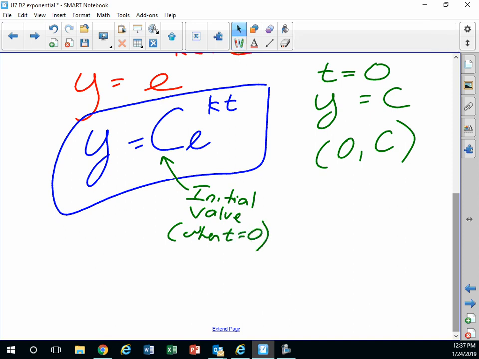So if I tell you I am starting something with 300 people, my C would be 300. If I said at time 5 I had 300 people, is C 300? No. Not at time 5, it's not. This is only when time is 0. So we're okay with that.